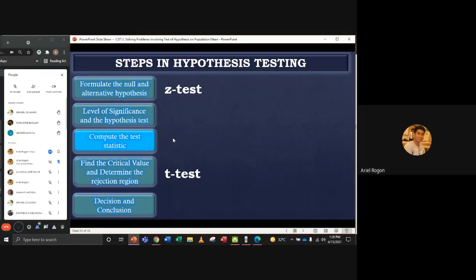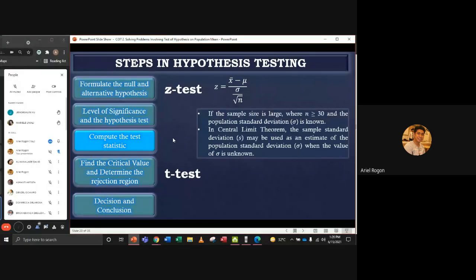Very good. So when the sample size is greater than 30 or large and the population standard deviation is known or given, the statistic test to be used is the Z-test.